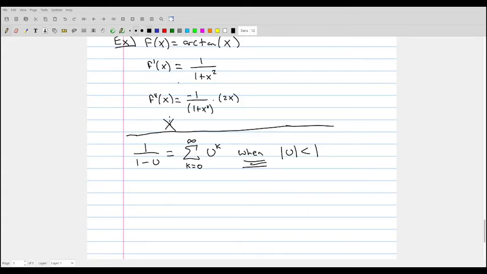And if you look at f prime here, 1 over 1 plus x squared, this looks a lot like 1 over 1 minus u.